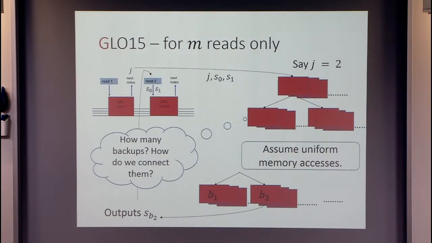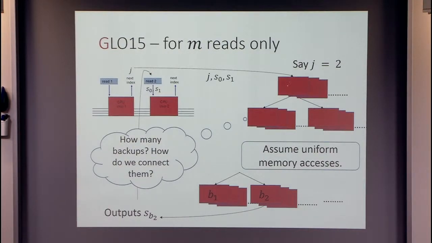This is not true about an arbitrary program, but once you compile it with an ORAM, it's still not completely true, but a starred version of it is true, which suffices for the construction. I will focus only on the case where you have uniform memory accesses. If you have uniform memory accesses, then we're at least ready to answer the first question: how many backups do we need?